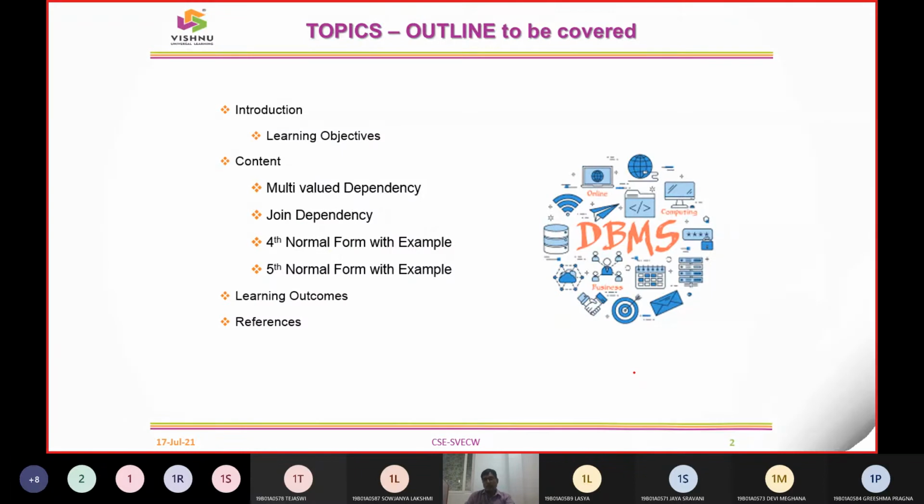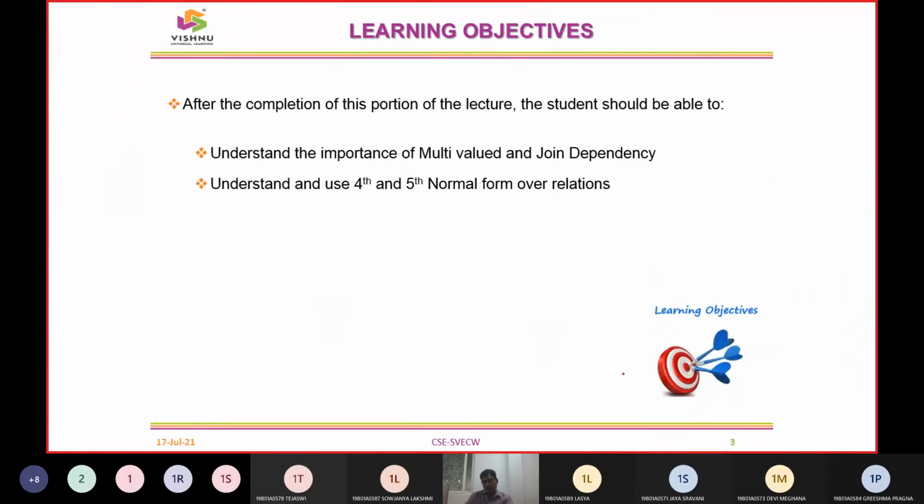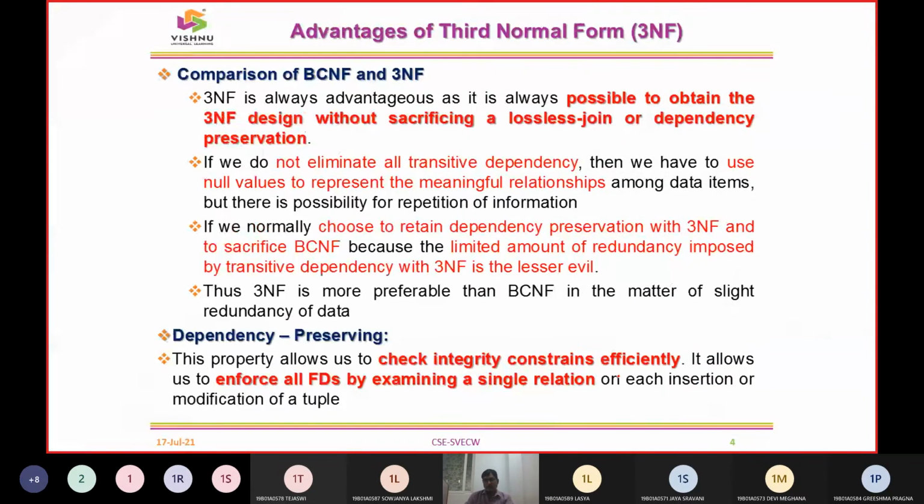So we need to understand what was happening towards the third and the Boyce-Codd normal form. As far as third normal form is designed, it is without loss of information. So that was the primary key takeaway we need to understand.